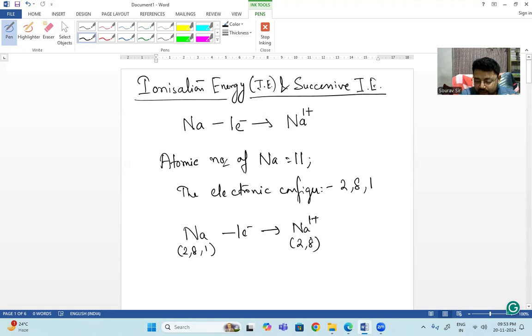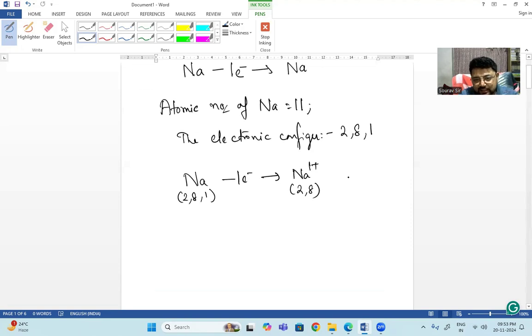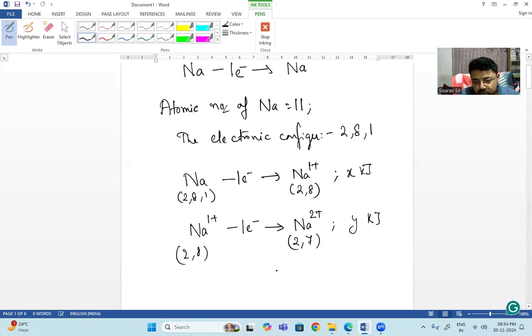Let's say the first is X kilojoules of energy. When Na+ releases the second electron, that is the successive ionization energy, it becomes Na2+, and the configuration changes from 2, 8 to 2, 7. Let this be Y kilojoules. So we say Y is much, much greater than X.